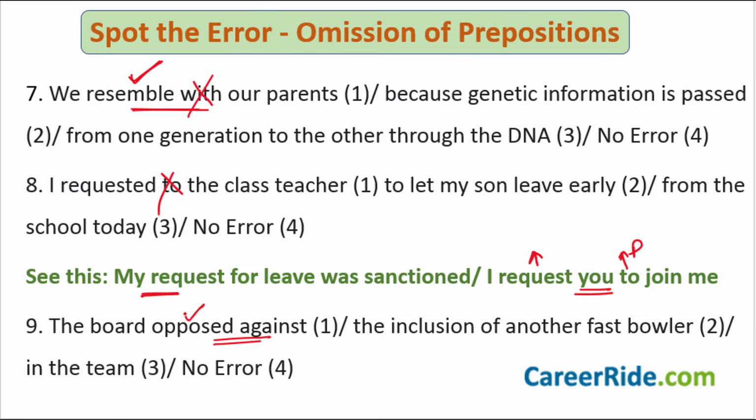Opposed itself means that you are against something. You are objecting to it. Right? So you do not need to repeat it. The board opposed the inclusion of another fast bowler in the team is what you can say. Because this "against" is already contained in this word "opposed." You are not agreeing to this idea. You are opposed to this idea, right?